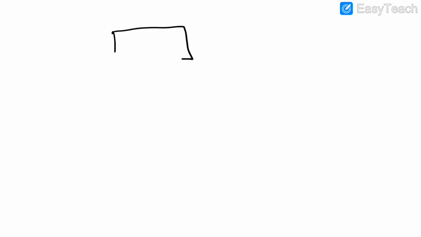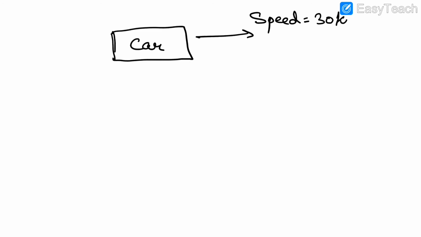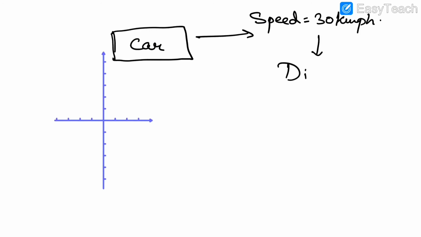Suppose I draw a car and it is going at a certain speed. Generally you say speed equals, suppose, 30 km/h. Now if it is in a reference frame, you don't know it is moving with 30 km/h, but in which direction?